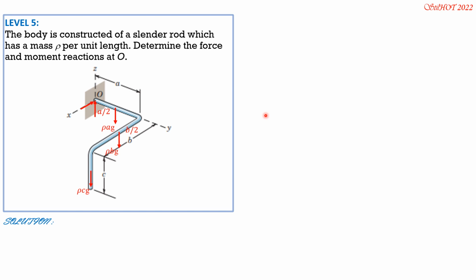So these are the component reactions at O, and the positive sense of moment about Y, about X. There's no moment about Z because the weights are parallel to the Z-axis. So Rx equals 0, so Ox equals 0.